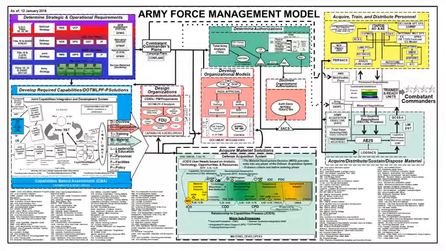And again, let me just walk you through the force management model real quickly. You notice it starts with strategy, national security strategy, national defense strategy, national military strategy. And the Army takes that and creates the 5-part Army plan. You'll get more detail about all that in F101.